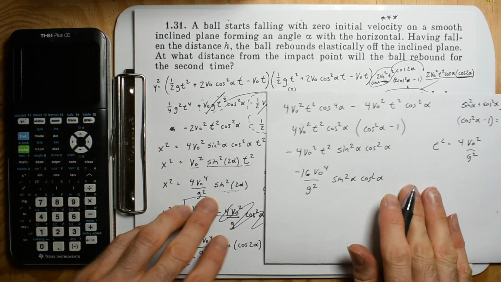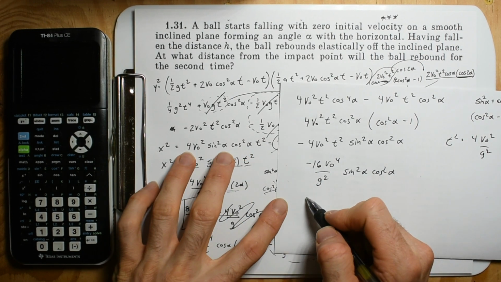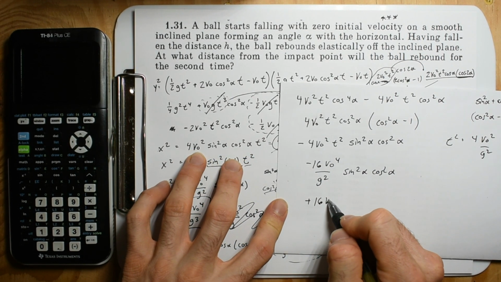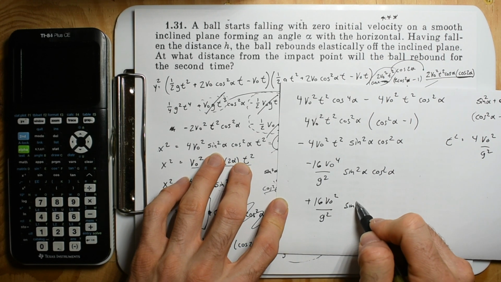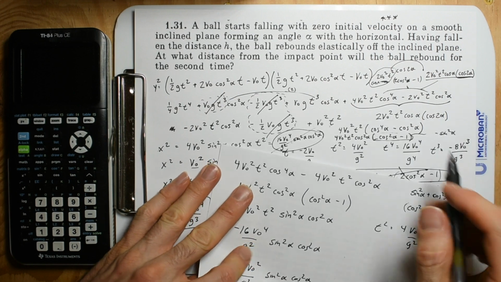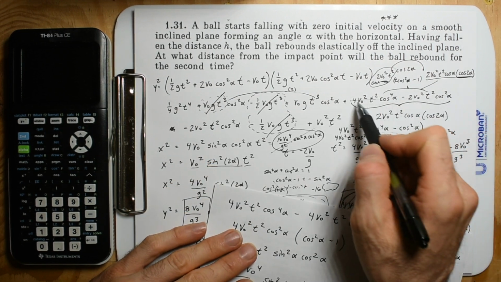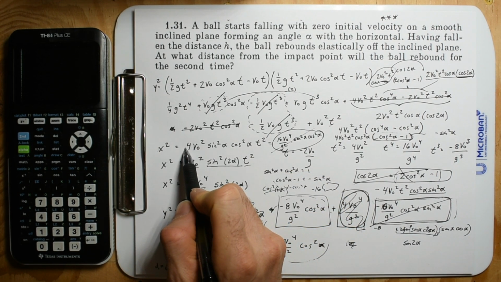And you can see that that is equal to this. Then up here, we're going to have a positive 16 v naught squared g squared sine squared alpha cosine squared alpha. Hell yeah. So now these three terms cancel this x squared term.